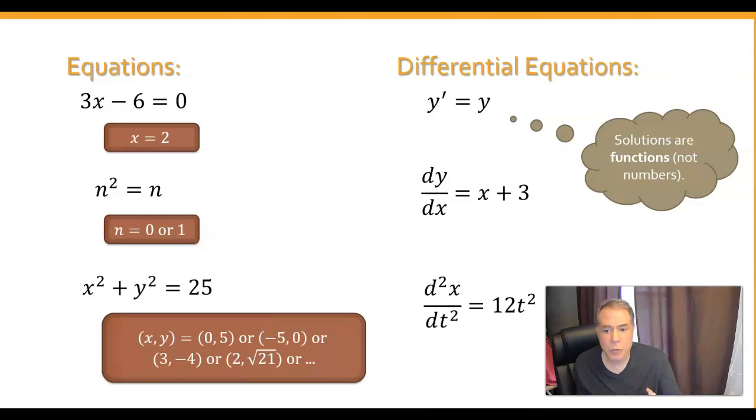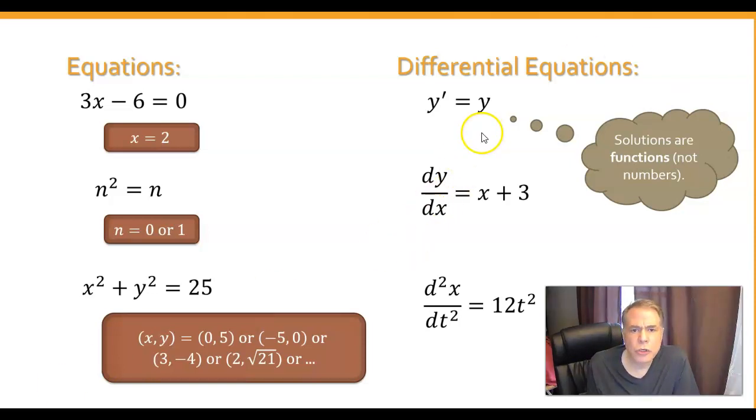So here x would be a function of t, and you want to know what function that would be so that the second derivative of that function with respect to t is equal to 12t squared. And these are really simple differential equations. They do get more complicated than this, but this just gives you an idea. In each case, to solve the differential equation, we're trying to figure out what function can go in place of the y or the x or whatever.